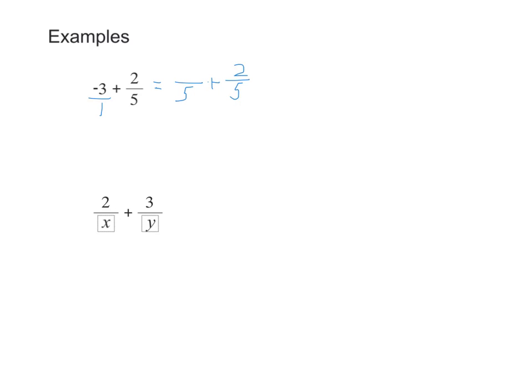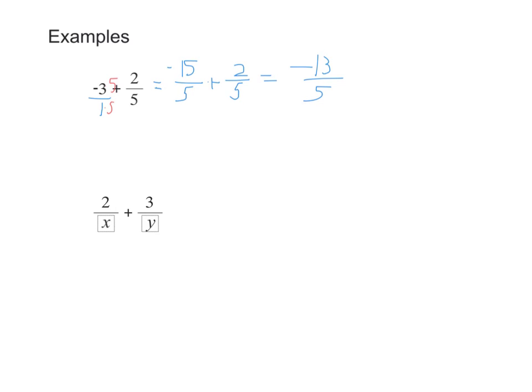It already has the denominator of 5. But the first one does need to change. And we'll get negative 13 over 5. So when you see a whole number, just write it as that number over top of 1 and get a common denominator.